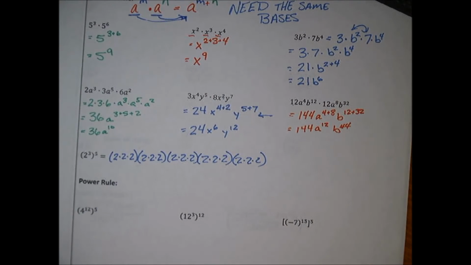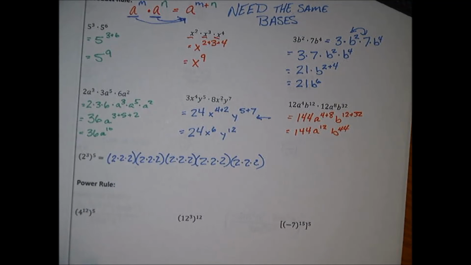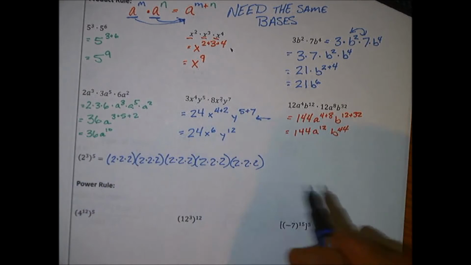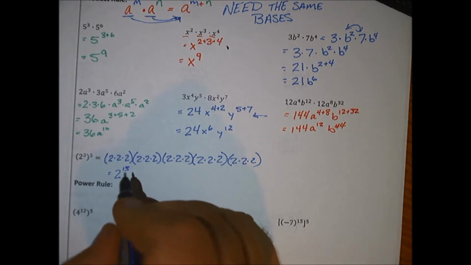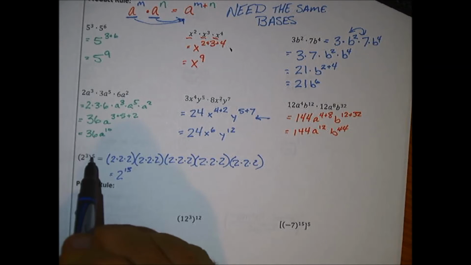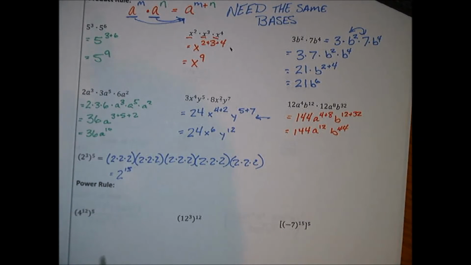I'm sure at this point yesterday, or last section, your hand was cramping up just like mine, and you were getting tired. Mr. Gall, why do I got to write all this? Okay, how many 2's are there? Count them up, you're going to get 15. And how do I know that? Because it's 3 times 5. 3 times 5 is 15.